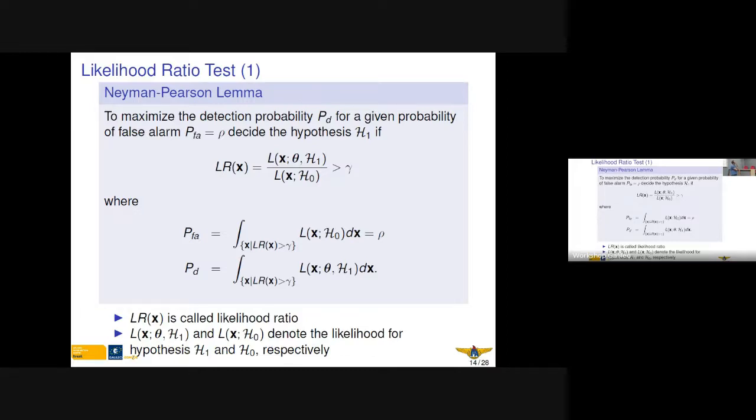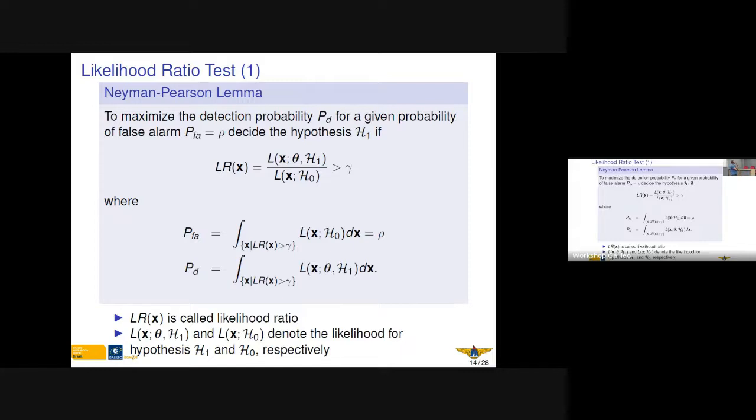So the likelihood for hypothesis 1 divided by the likelihood of hypothesis 0 should be larger than the threshold gamma. The probability of detection means that we can find whether the satellite is present, and the probability of false alarm means that we have falsely detected that the satellite is present.